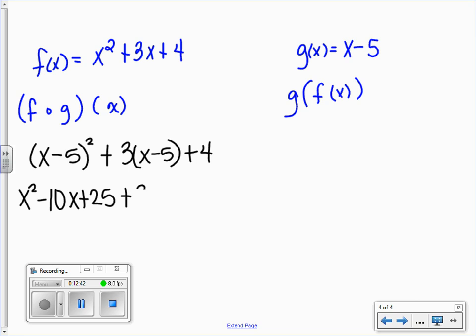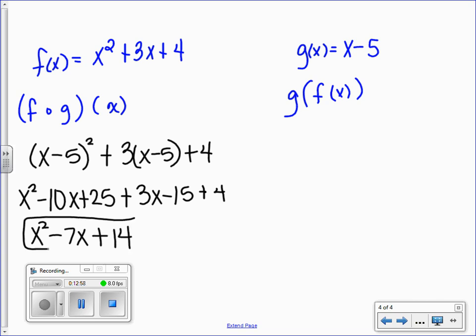Distribute 3x minus 15, and then plus 4. And then just combine your like terms. Let's see, I got x squared minus 7x. That's going to be 10 plus 14. Is that right? There's your answer right there.